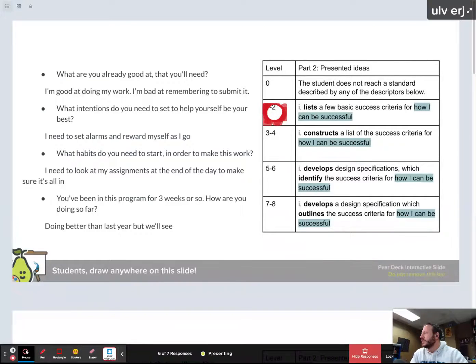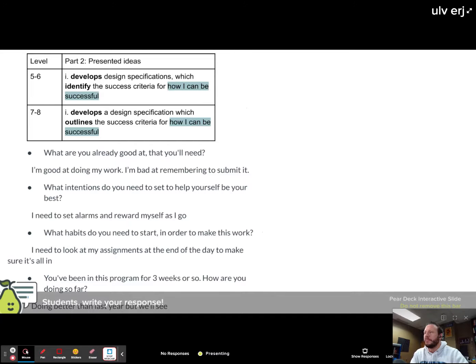So let's take a look at making it better, building on it. I want you to do the same thing we did last time. So either pick one from the fake students or yourself. I want you to answer this in a way that would get you a 5, 6, 7, or 8. We'll go through some of the answers, and then I'll be able to say what, as a grader, I would think.